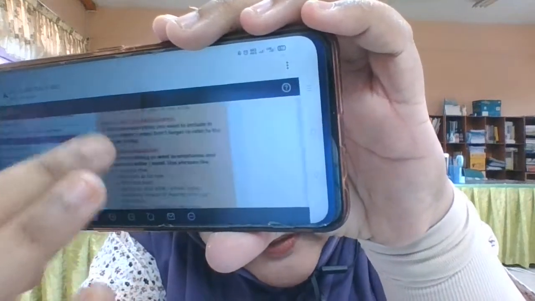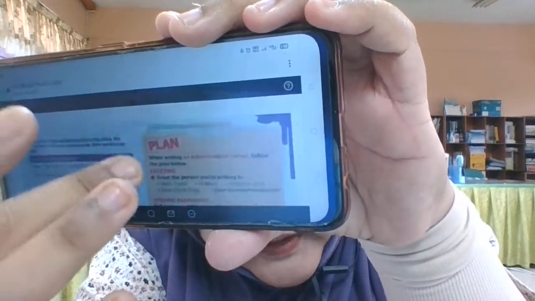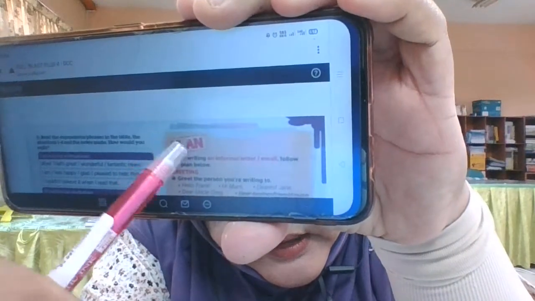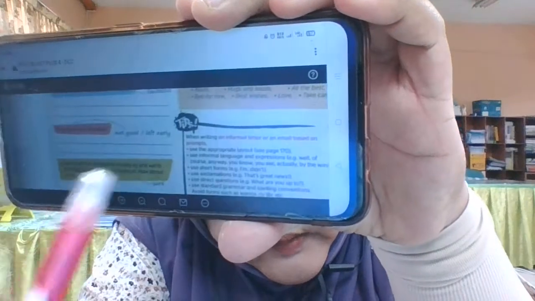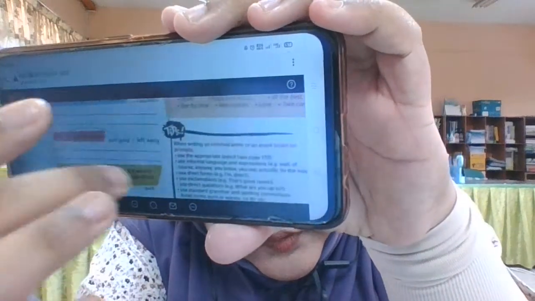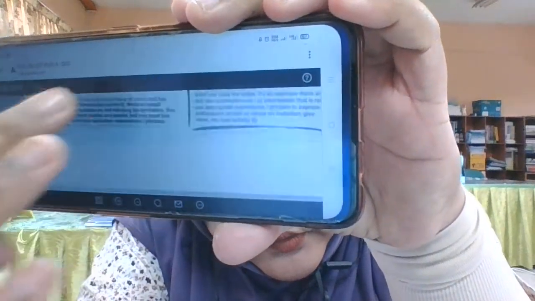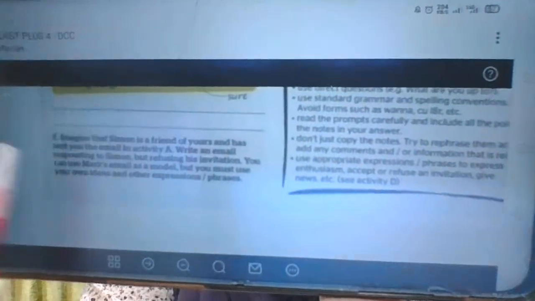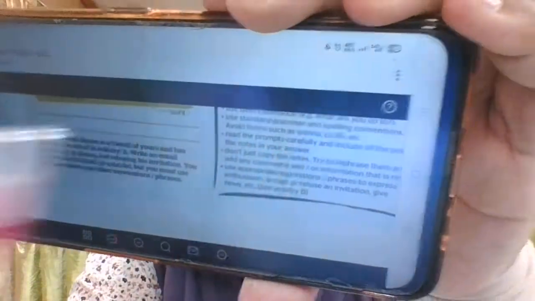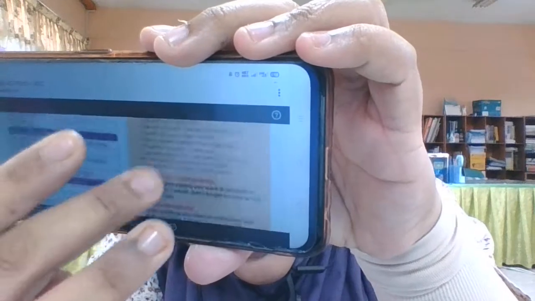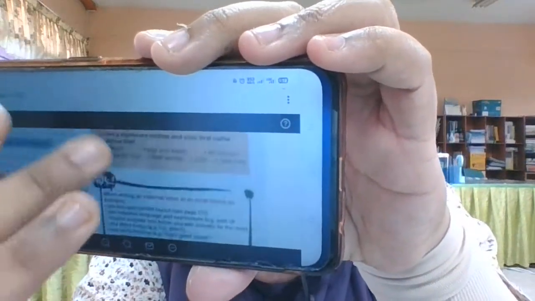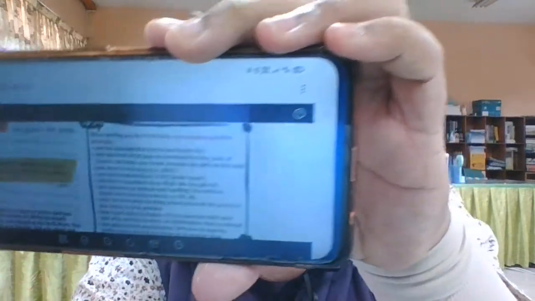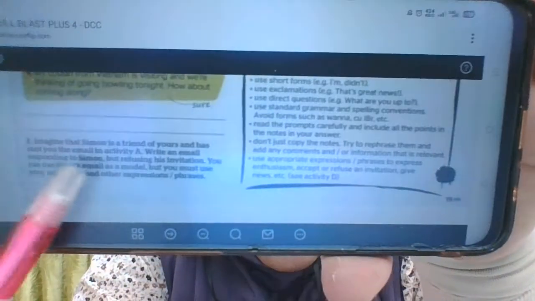So you need to read this section, the section of plan and the section of tips. Before you do your activity E here, you need to read this. Read this and understand what you should do. These are the tips on how you want to do this one.